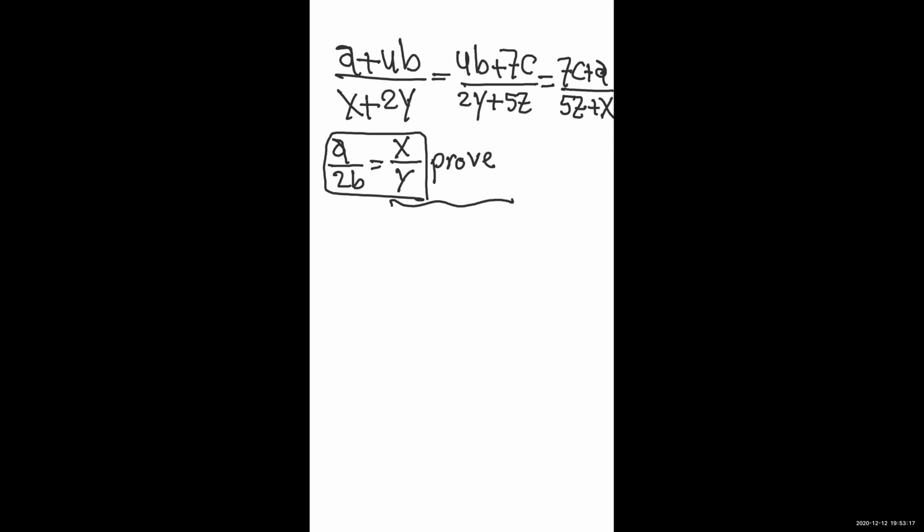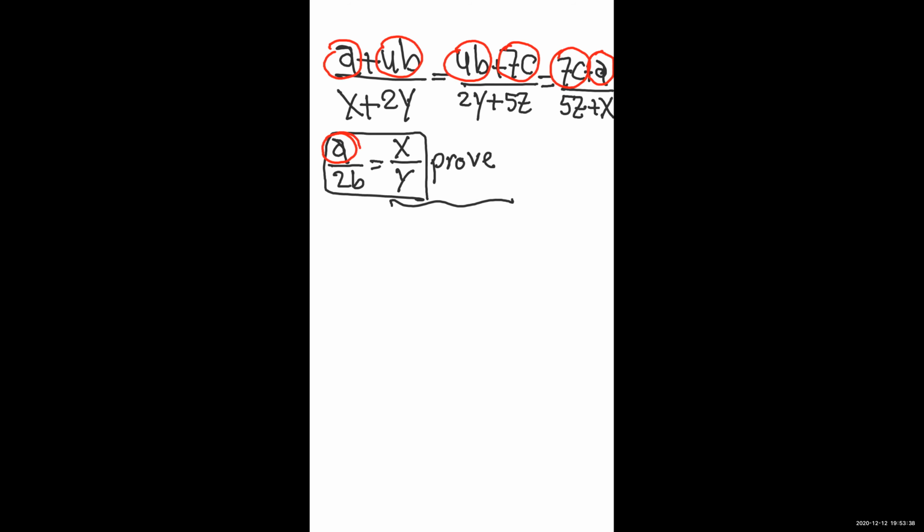So let me change this color. Here we want only a on the numerator. Here we have a and 4b, and 4b and 7c, and 7c and also a. So how to get only a?